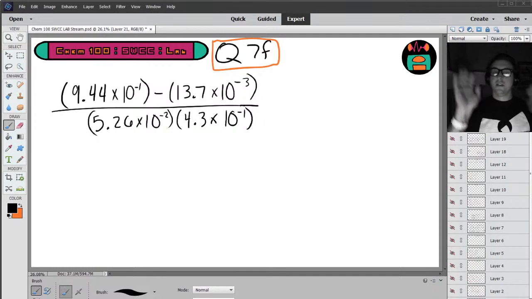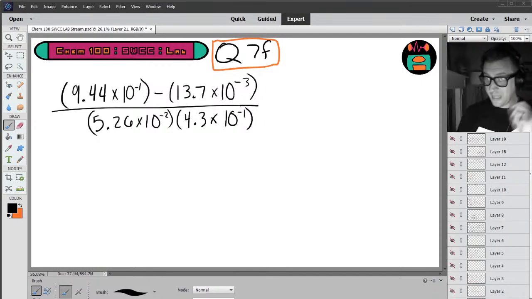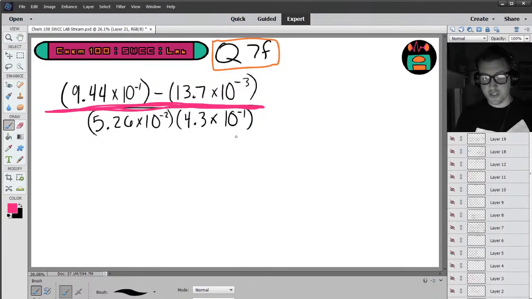Okay, so let's evaluate this. Now, when I look at this problem, this is the critical divide that I see: this right here. To me, when I see that numerator-denominator situation, when I look at the numerator, I think step 1.